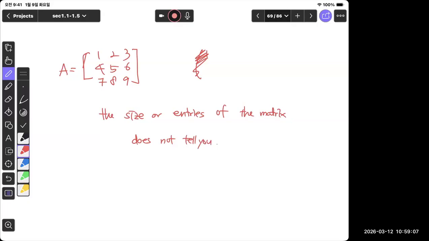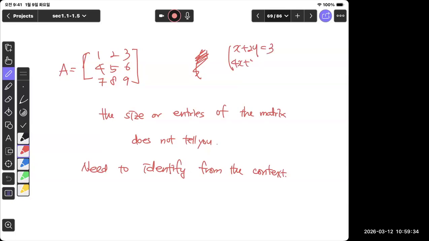We need to identify it from the context. This A may be an augmented matrix or just a coefficient matrix. If I consider x plus 2y equals 3, 4x plus 5y equals 6, and 7x plus 8y equals 9, then A will be an augmented matrix.